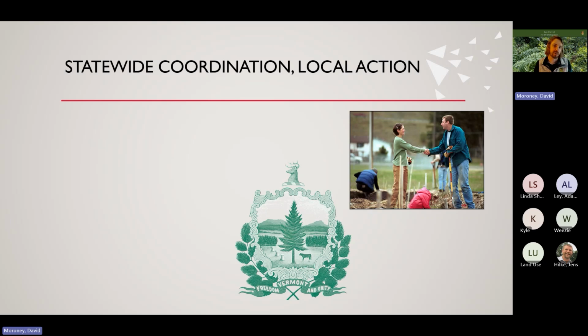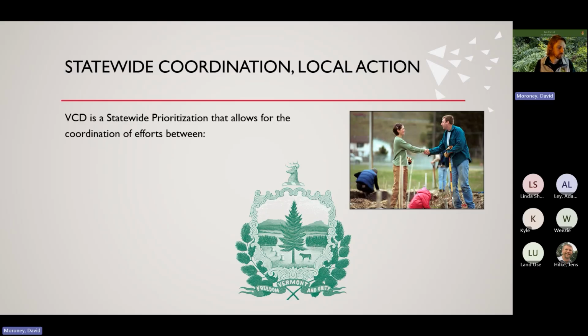And that's where Vermont conservation design really shines, is in its ability to connect us beyond town boundaries to this broader vision and really help us kind of fulfill the state motto, right? We have freedom to make the important decisions in the local sphere, but also present a kind of unity in coordinating beyond boundaries and recognizing and validating these statewide patterns.